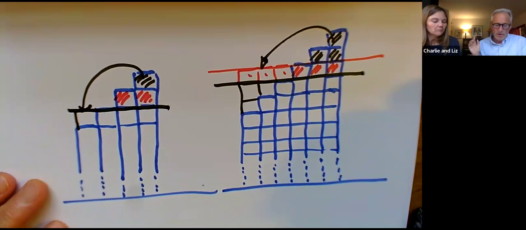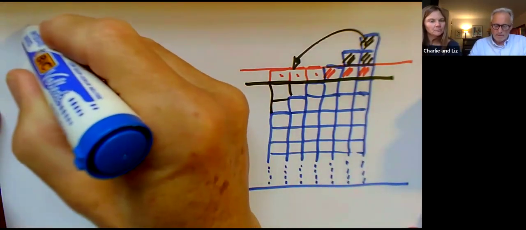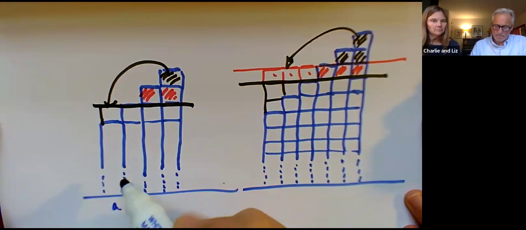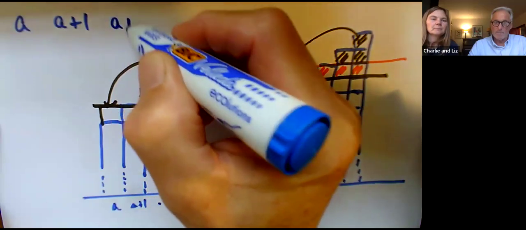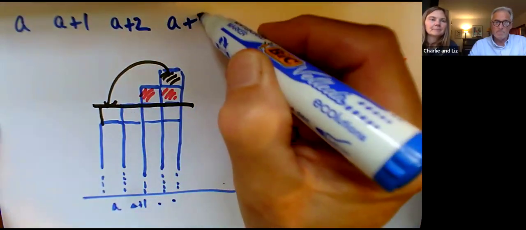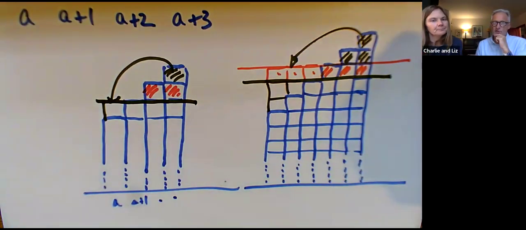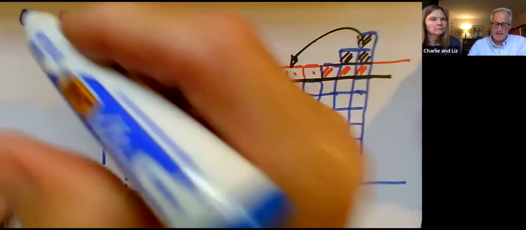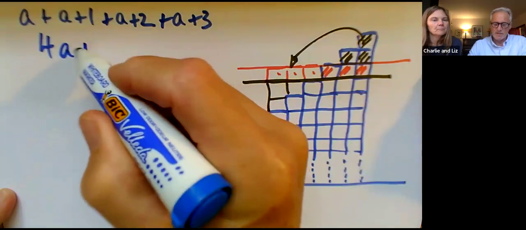Let's write down the first one here. If we had a, a plus 1, a plus 2, a plus 3, to describe the 4 consecutive numbers, and we added them all up, we would get 4 A's plus 6.